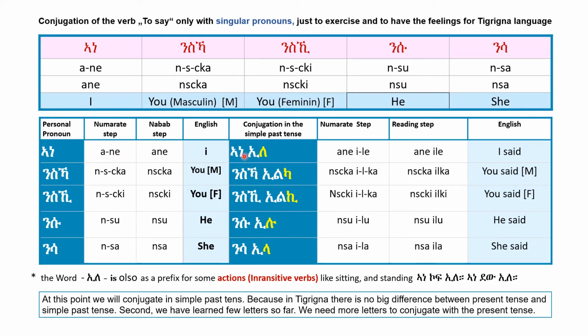The verb ile we also use like a prefix for some intransitive verbs, like sitting or standing. Ane kof ile. I am sitting, or I sit. Ane do ile. I'm standing, or I stand up. But we will repeat this part of the grammar later again.